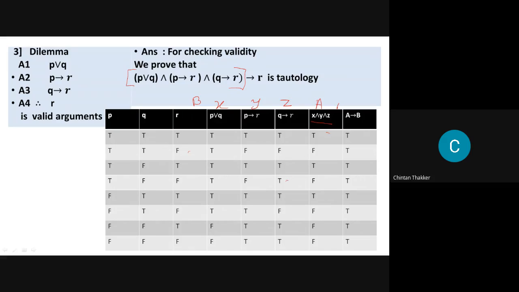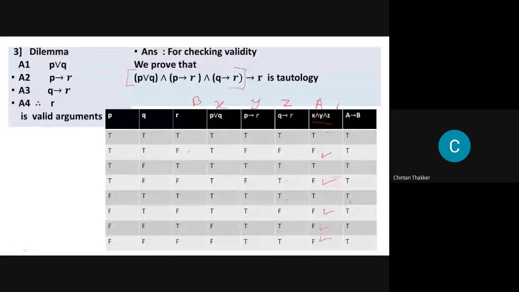So here, for this false, this, and this, there is no need to check R. You can write true directly. Then for the first one, A is true, B is true, so we get true.